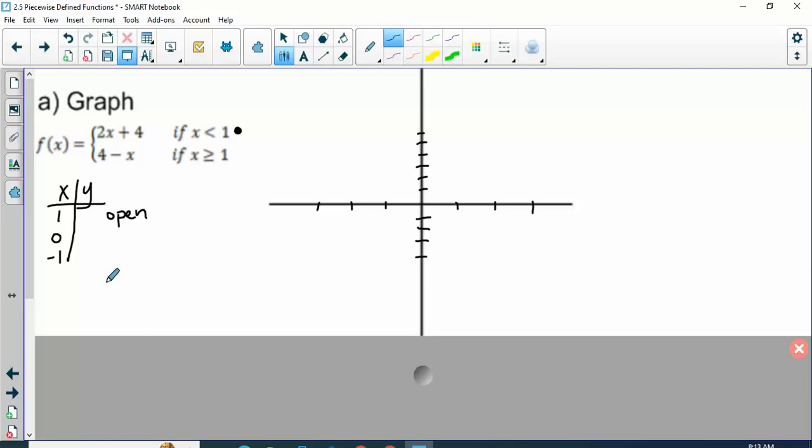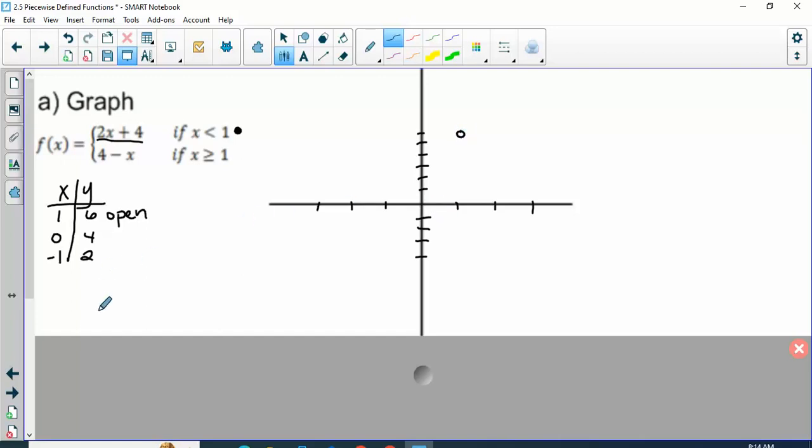Then, to get our y values, we plug those in to the equation, 2x plus 4. So 2 times 1 plus 4, 2 times 0 plus 4, 2 times negative 1 plus 4. So (1, 6) is an open circle on my graph.